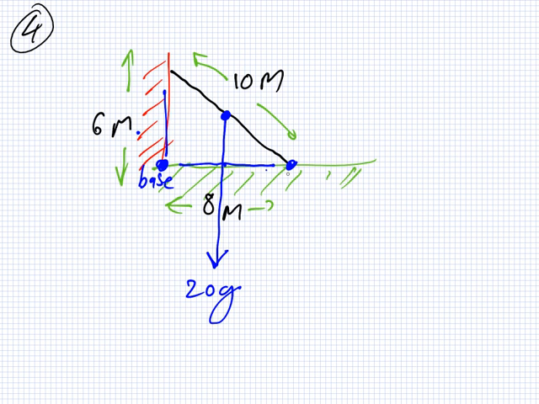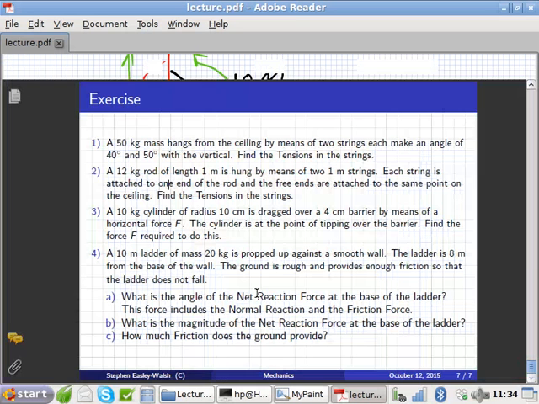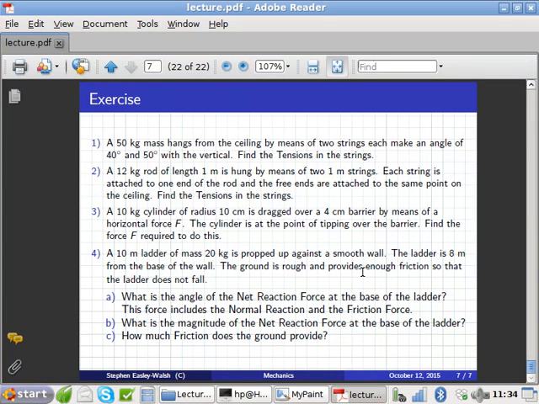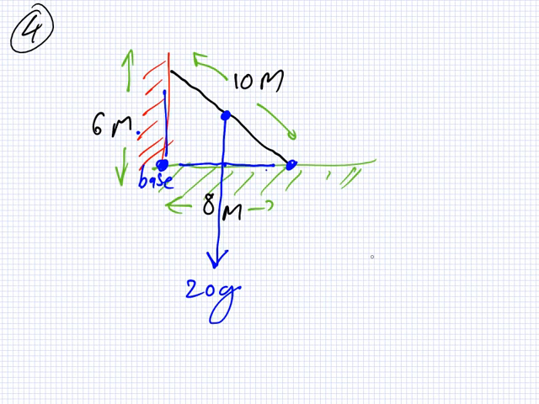So the wall is, you see here, this is an important word, smooth wall. No friction, yeah, well, there is a reaction, but a very special type. The reaction here is perpendicular only, if it's smooth.